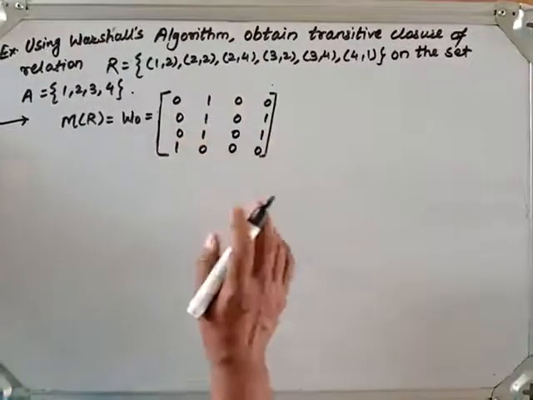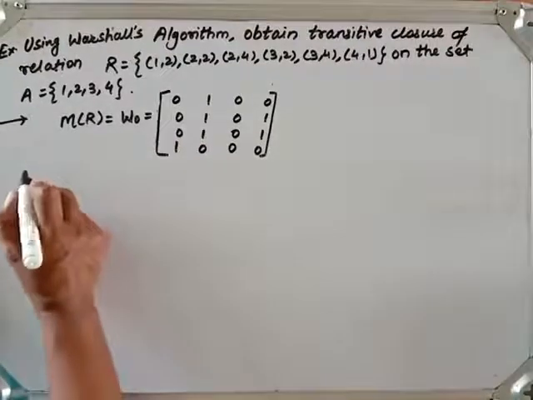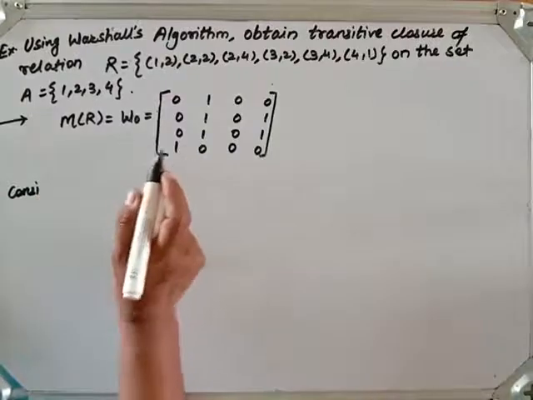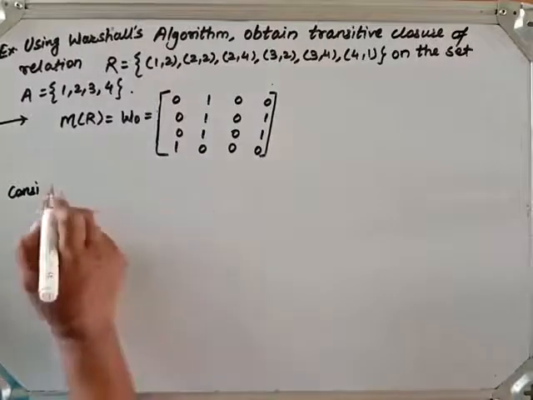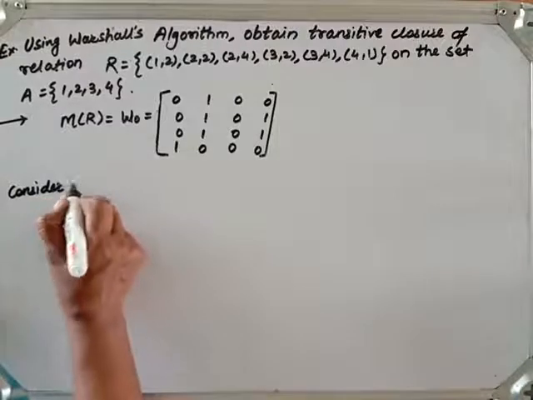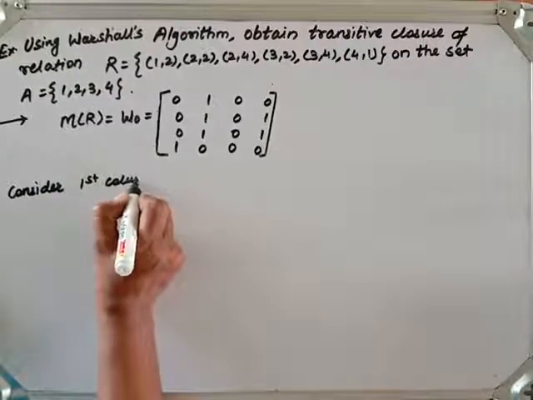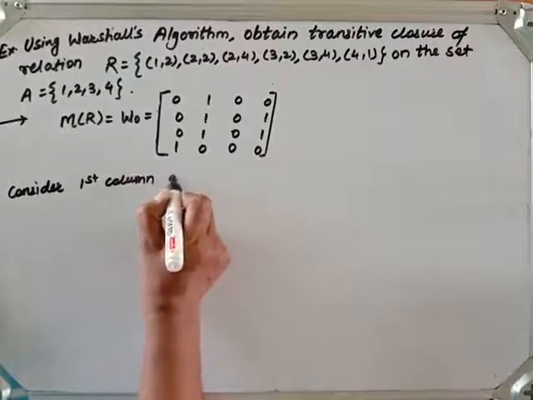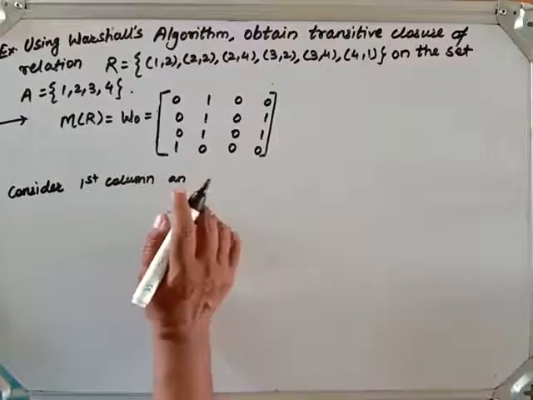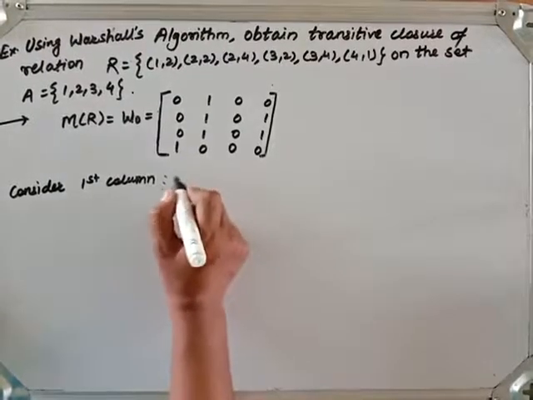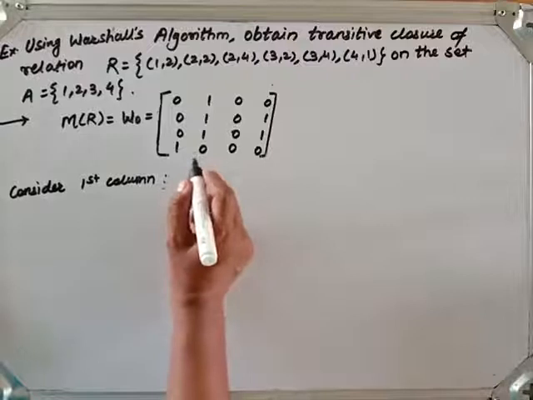What is the next thing? Here our K is equal to 1. So consider the first column and check where 1 is in the first column.